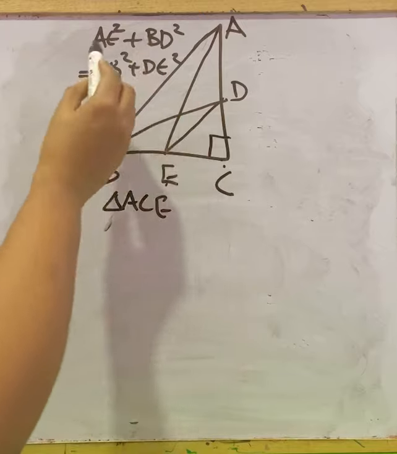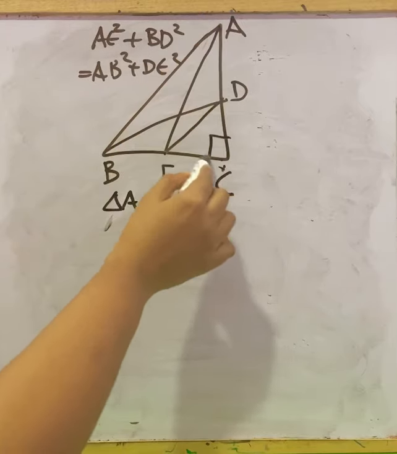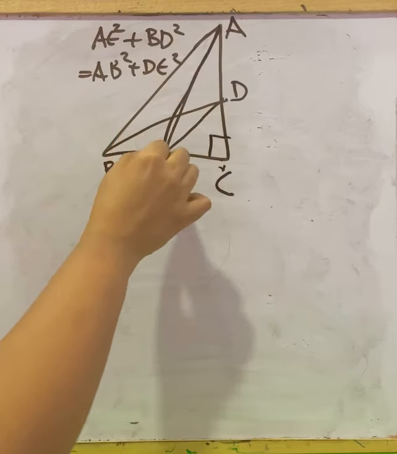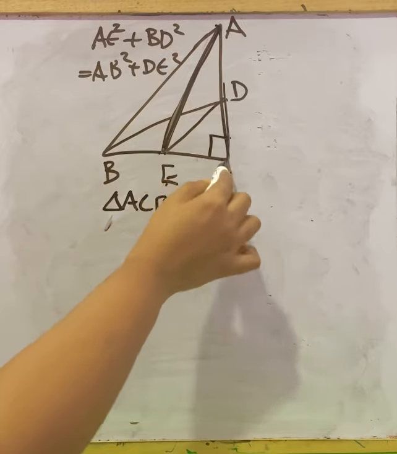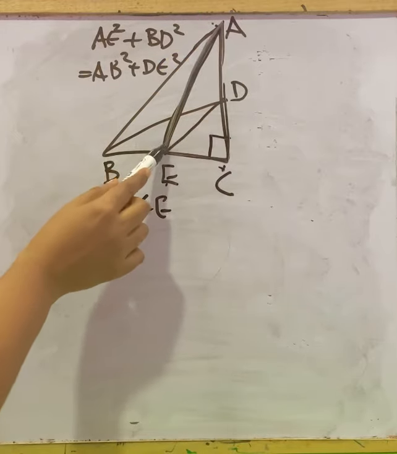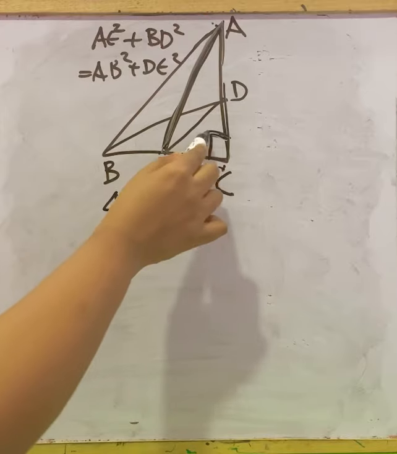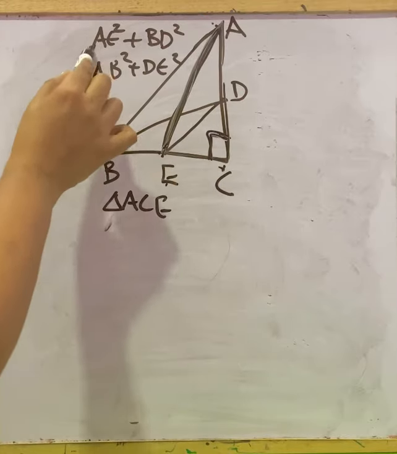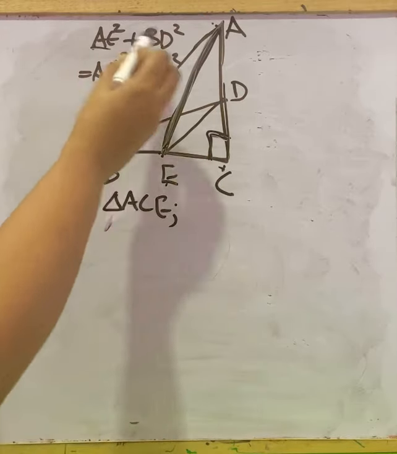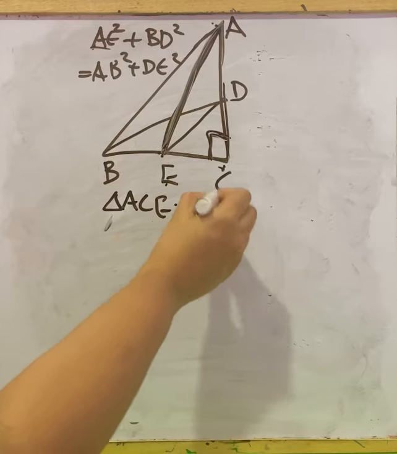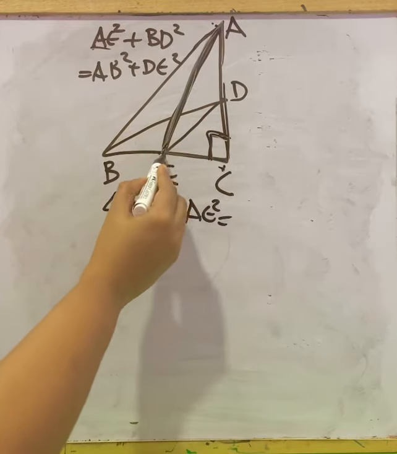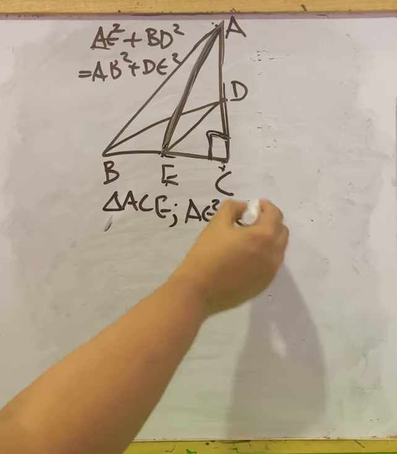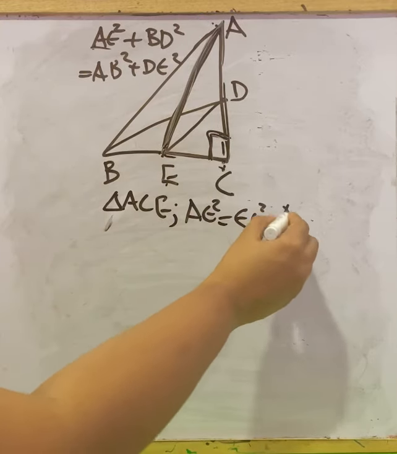In this triangle, AE is the hypotenuse. Here we have the right angle. So how will you write this? AE square, hypotenuse square, is equal to base EC square plus height AC square.